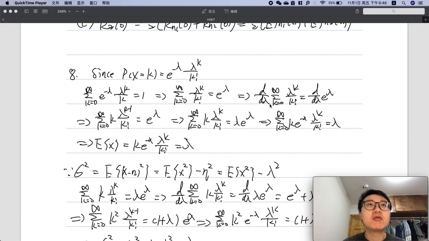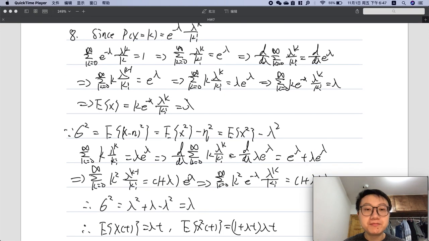After 3 or 4 times, we can get this value. It is very similar to how we get the expected value of this process. Actually, they are the same, so we know the expected value of X is equal to lambda.